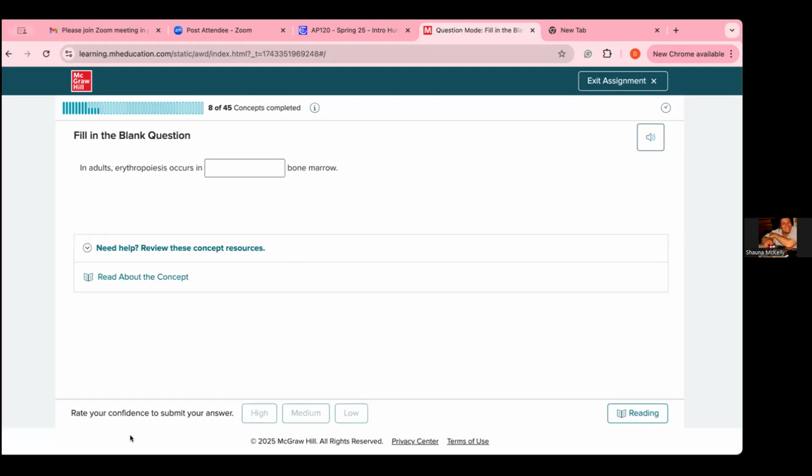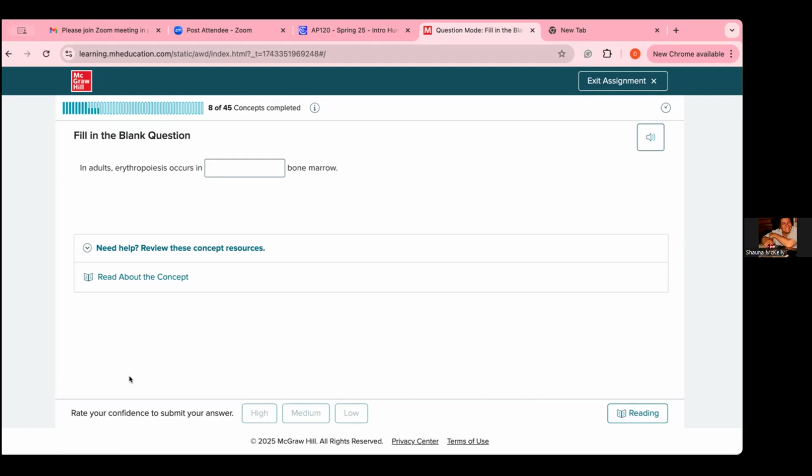In adults, erythropoiesis occurs in... So, okay, I think we read about this before, because we had to go back and read about them.